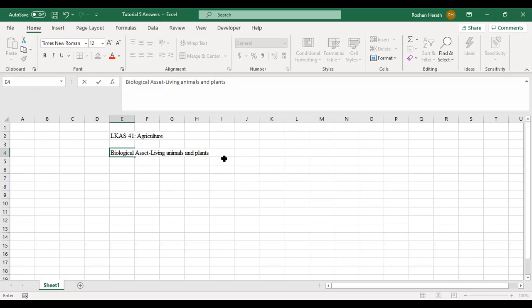Most of the time you are working with things that do not have a living aspect. If you take PPE, it's a non-living asset, right? If you take any intangible asset or any financial asset, those do not have a lively substance. But here, that is different. It's all about living animals and plants, and that are used, most importantly, in agricultural activity.